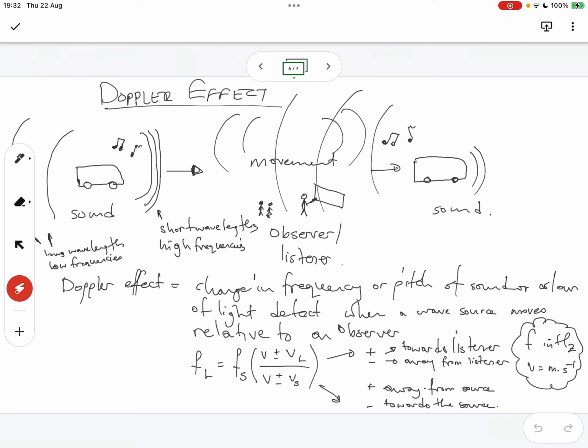Now, the observer is stationary and not moving, so we can safely say that the velocity of the listener is 0, because they are not moving, they're stationary.